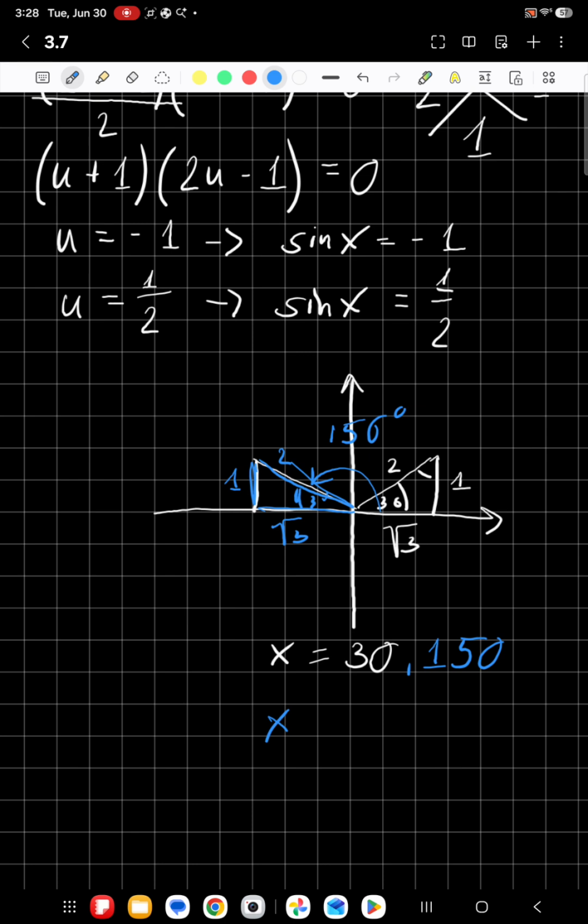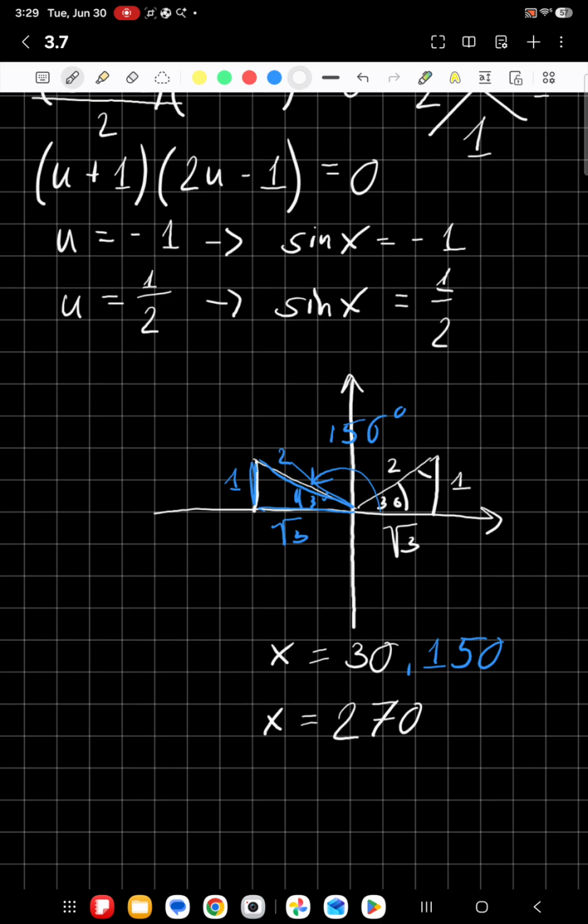And then from the other equation, sine of x equals negative 1. You get negative 1 if I evaluate sine of 270.